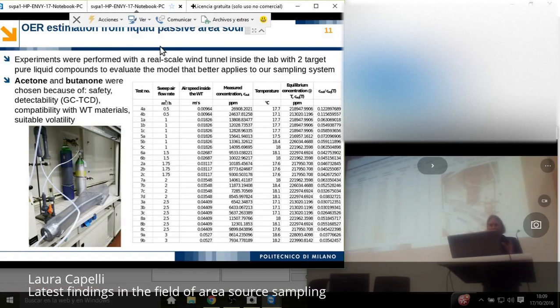But from the experimental conditions that you have, especially airflow and temperature, because temperature is very important in this case because the volatility of acetone changes very much with already 2 degrees of temperature difference. Of course you cannot directly compare the outlet concentrations, but what you can do is evaluate the mass transfer coefficient that you have inside your hood.